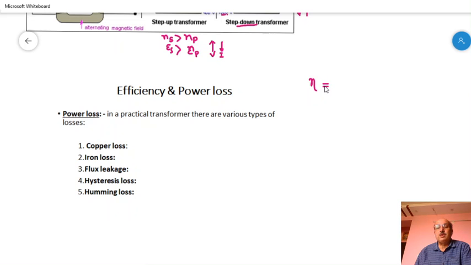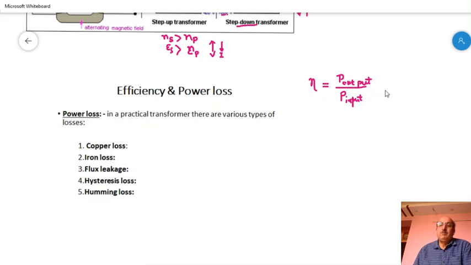And eta is power at output side, that is toward the secondary coil side, to the power at input side, that is the source side.